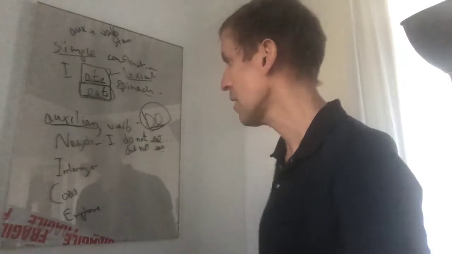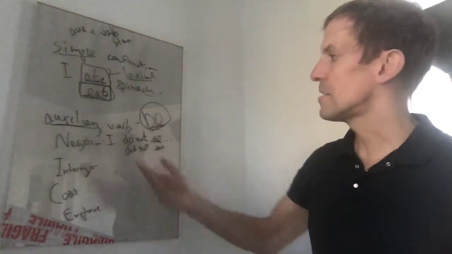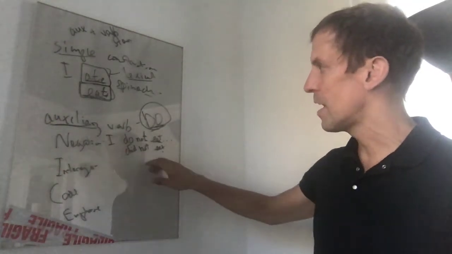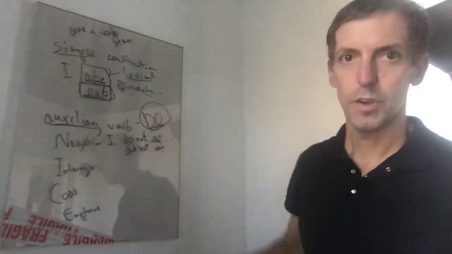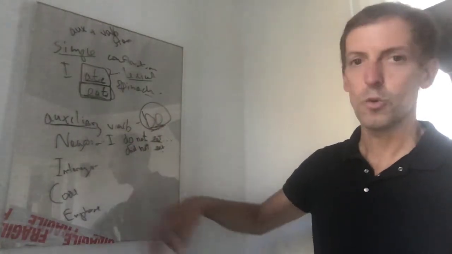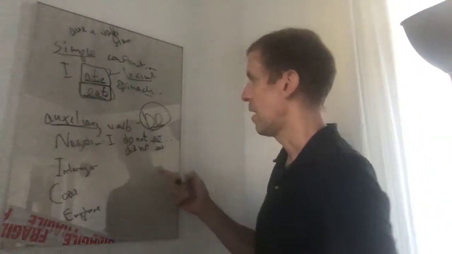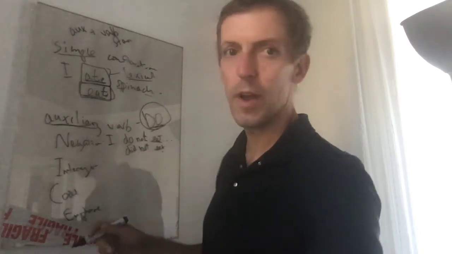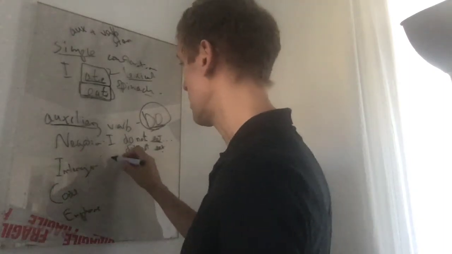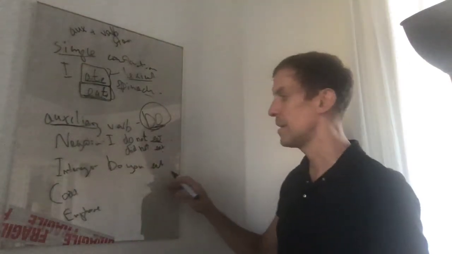Okay, and now let's say here we've seen how we use auxiliaries for negation, right? And we can also use this to make questions, interrogation. So I could say, for example, instead of saying you eat spinach, I would say do you eat spinach, or does he eat?